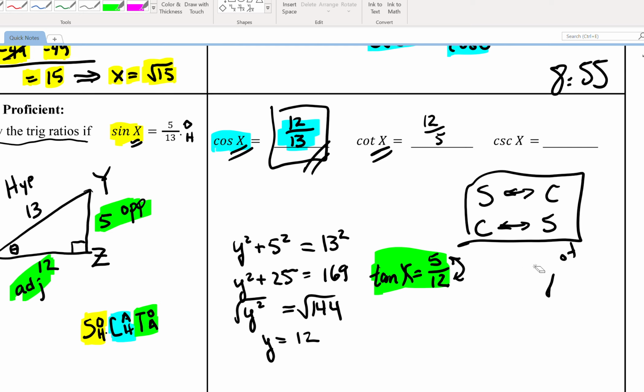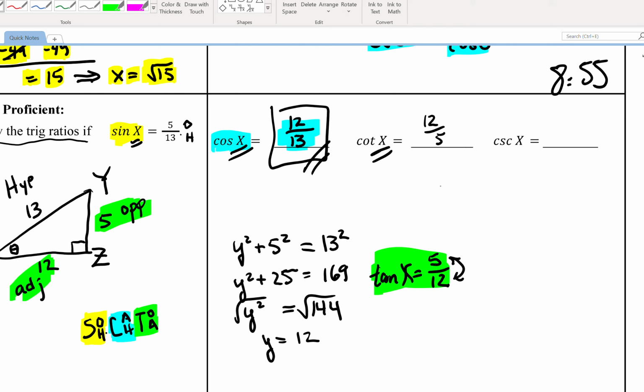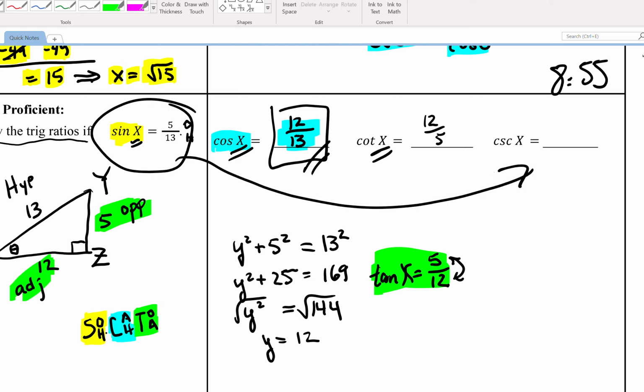But with the secant and the cosecant, I want to try to place the S with the S and the C with the C, but no. It's sine with cosecant and cosine with secant. So since we're dealing with the cosecant and we were given the sine, we're just going to swap those. It's going to be 13 over 5. And those would be our final answers.